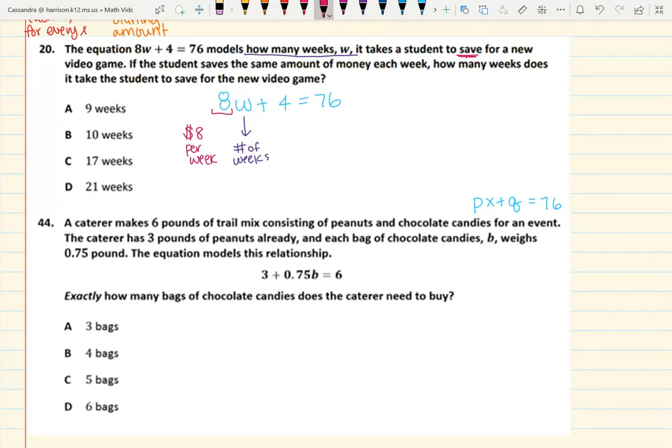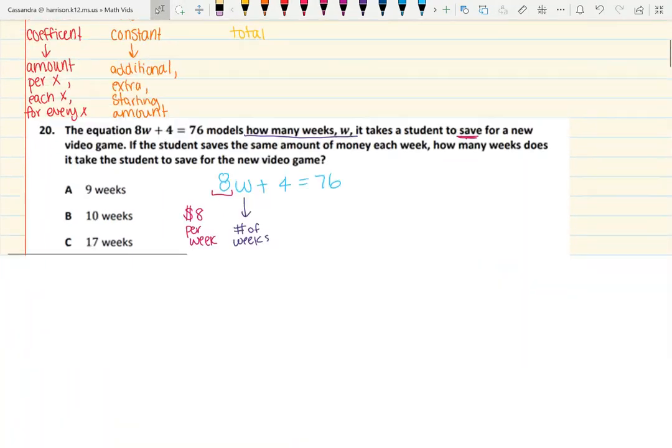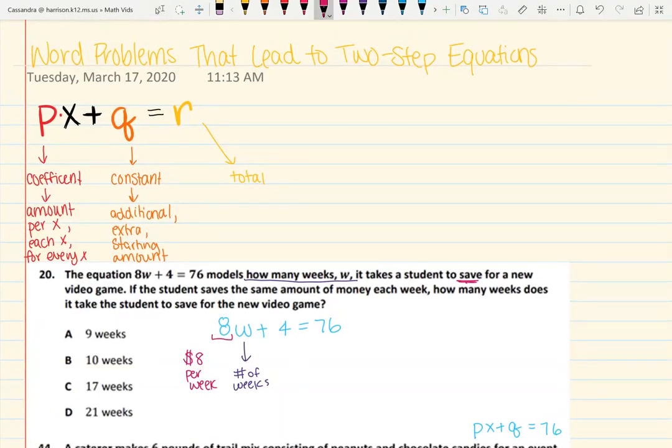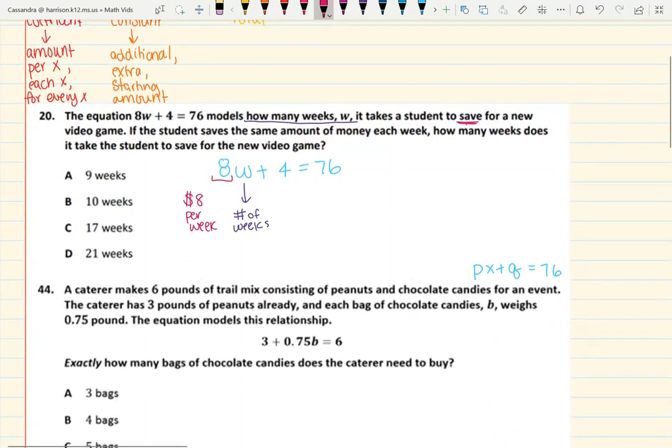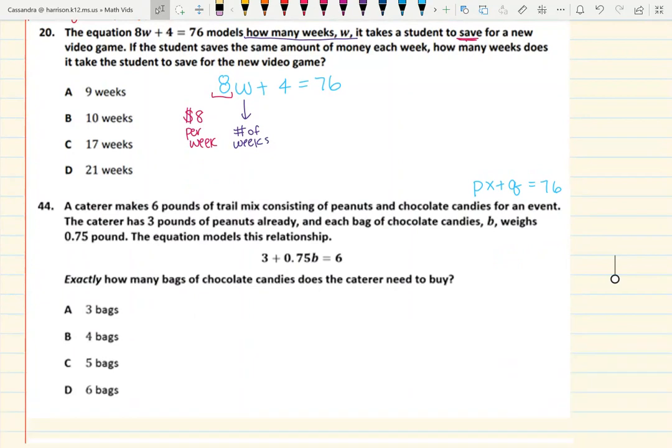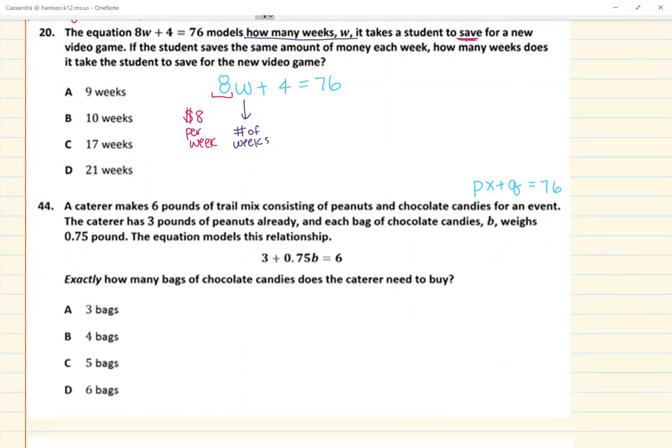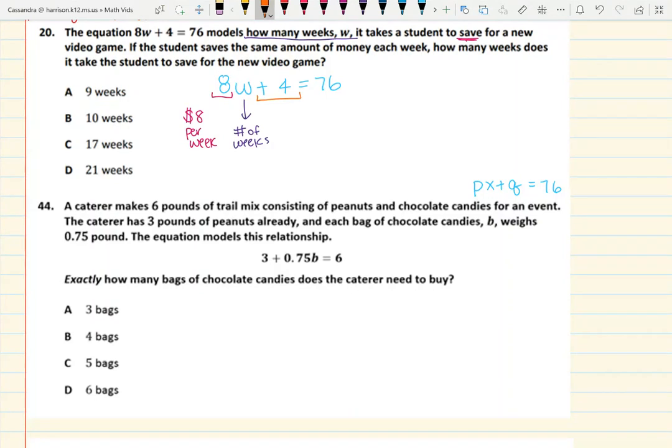How many weeks? We don't know yet. That's what they're going to ask us to find out. But it's $8 per week. Again, like I said before, this number P is always going to be what's per or each or for every. So per week, we are saving $8. And then because there's this little plus 4, that lends me to believe that this kid already saved an extra $4.